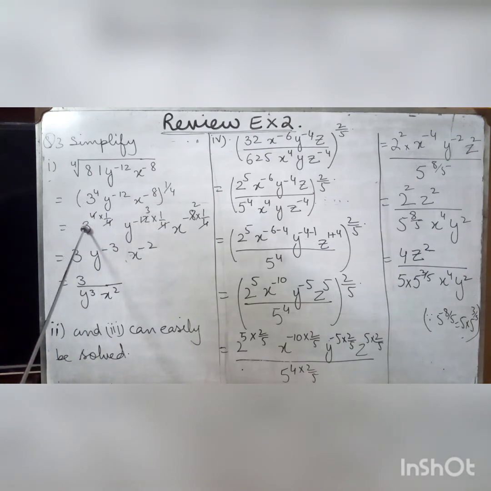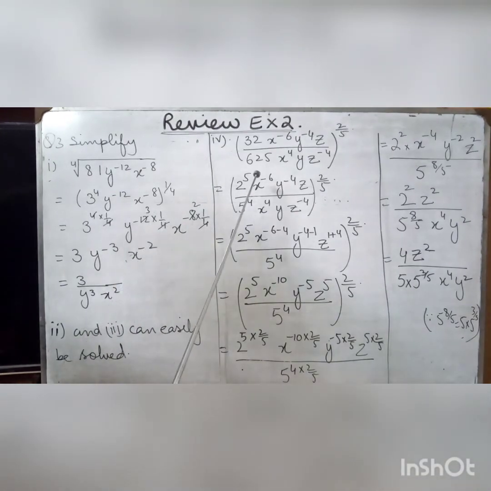According to the law of exponents, we have this expression. After simplification, we get 3 multiply by y raised to power minus 3 x raised to power minus 2. According to the law of exponents, we have 3 over y raised to power 3 x square. This is the answer. Part 2 and part 3 can easily be solved.